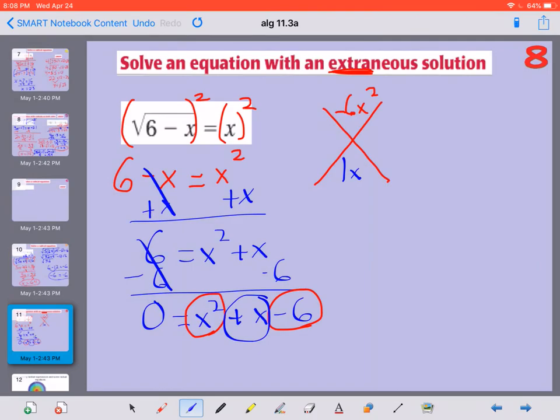Now the factors I know that multiply to 6 are 2 and 3, but one of them has to be negative. So what I'm going to do then is I'm going to make a negative 2, so that both 3x and negative 2x add up to 1.